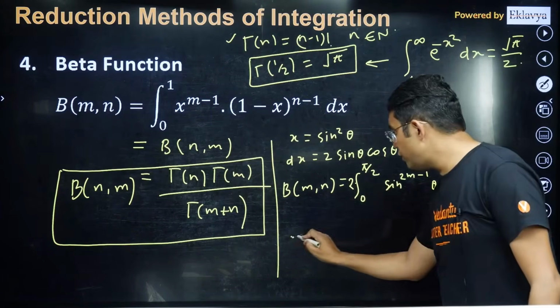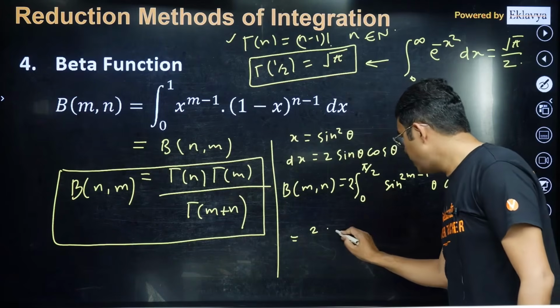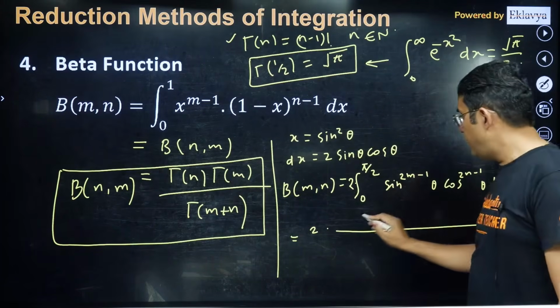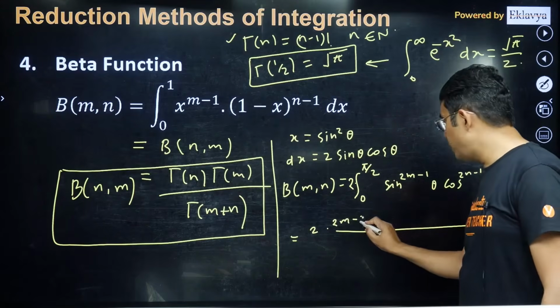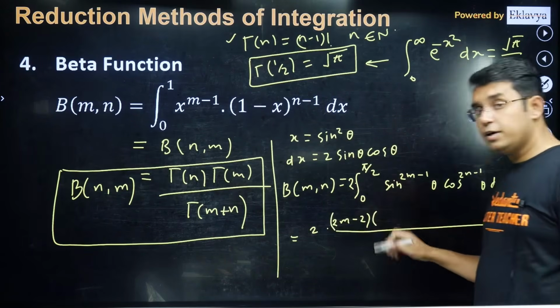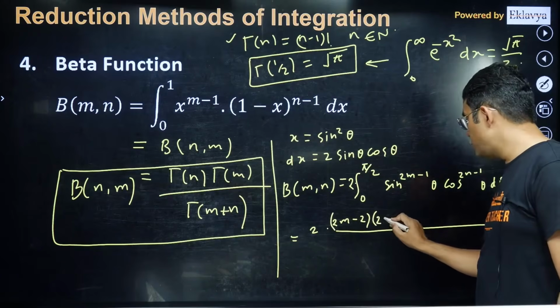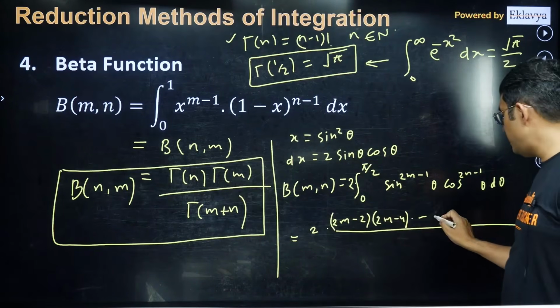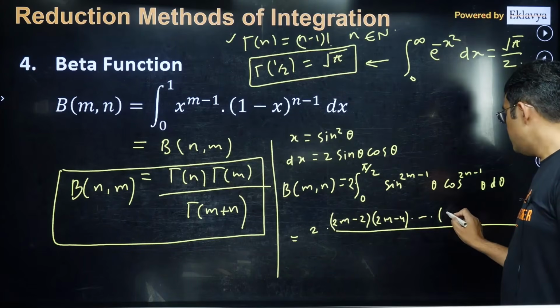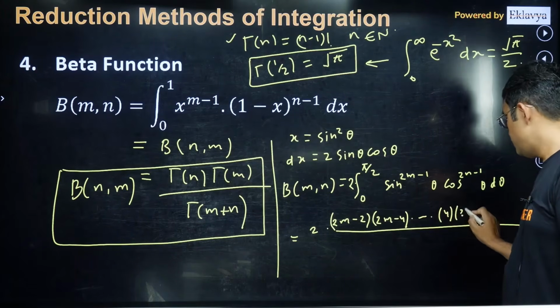So what was Wallis formula? Let's try to recap that. Here it will start with 2m minus 1 minus 1, so 2m minus 2. Then you will reduce it by 2 all the time, so 2m minus 4 and so on. And this is even number always, so it will end at 4 and then 2.